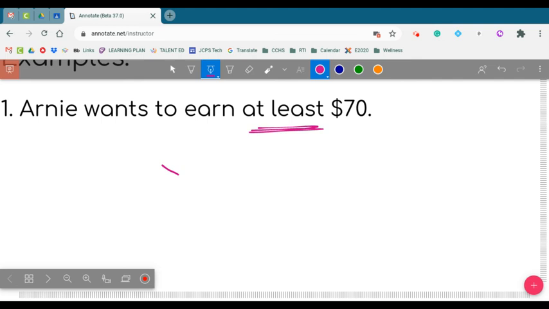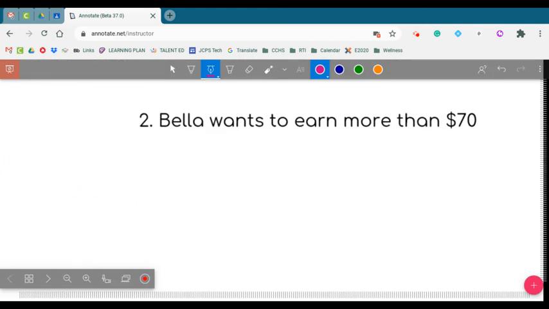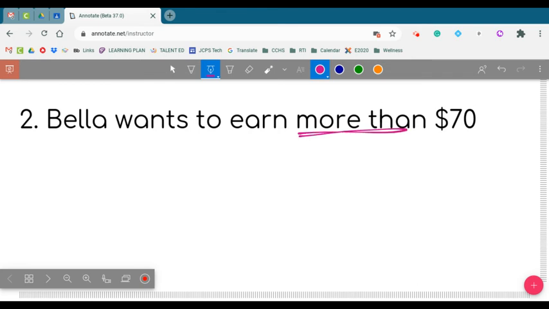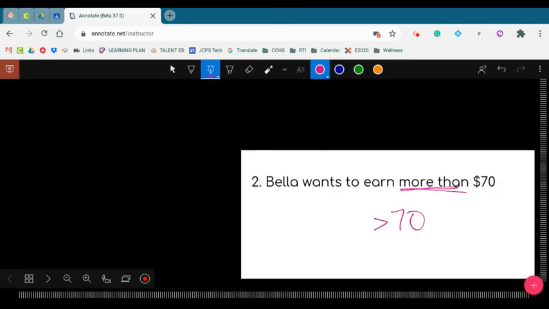So your sign would be greater than or equal to $70, because we can equal $70 or be more than $70, but we can't be any less. Bella wants to earn more than $70. Does she want to earn less? No. Exactly? No. Greater than? Yes. So it's just going to be greater than $70.